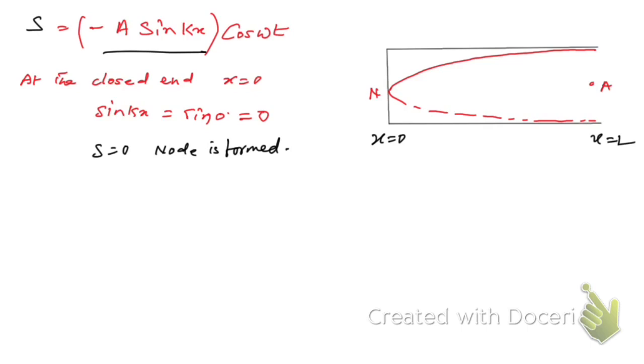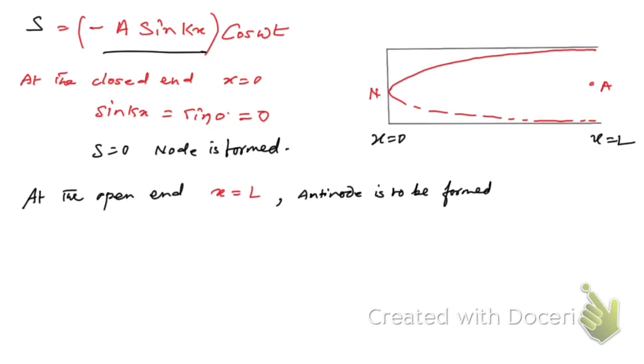Now you see at the open end, x is equal to L. At the open end, x is equal to L, antinode is to be formed.